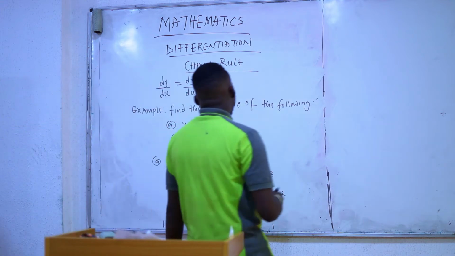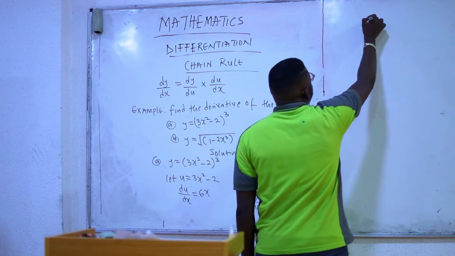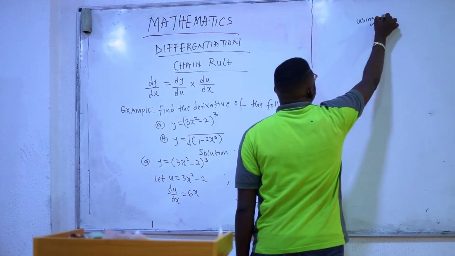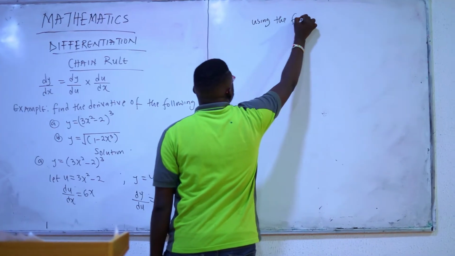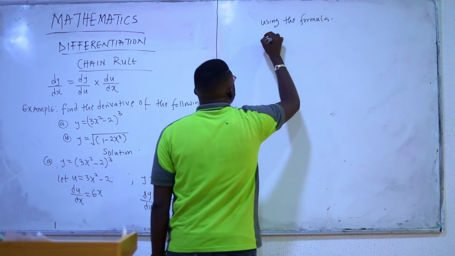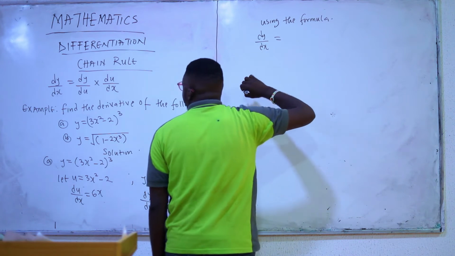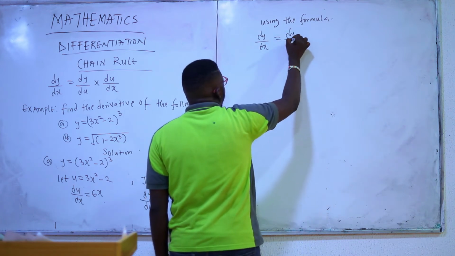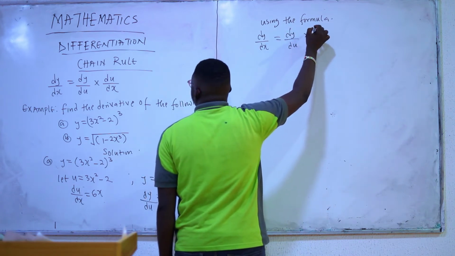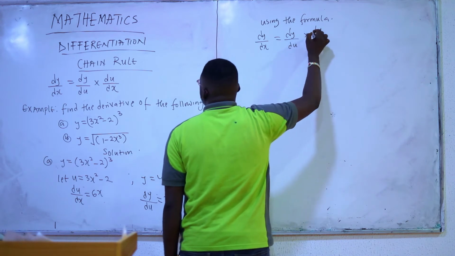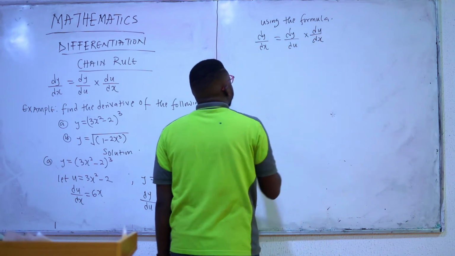So I'll come to my formula: dy over dx is equal to dy over du multiplied by du over dx.